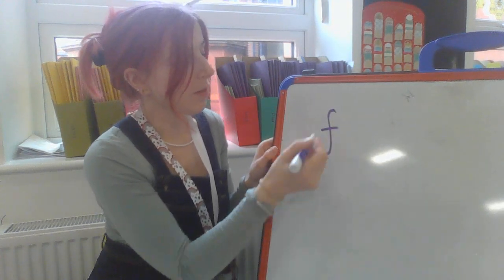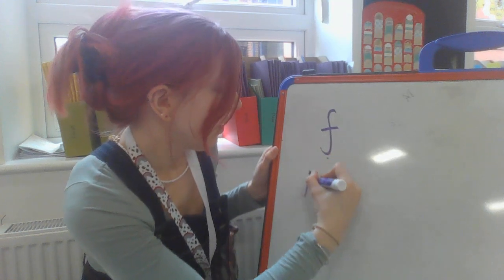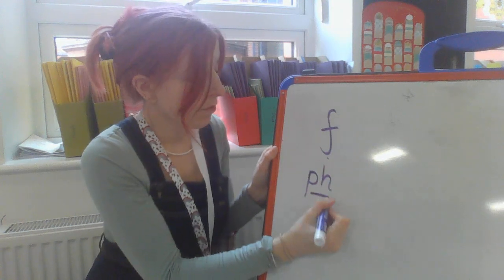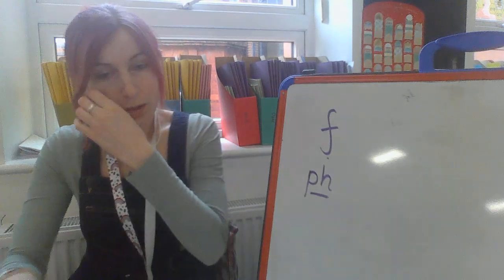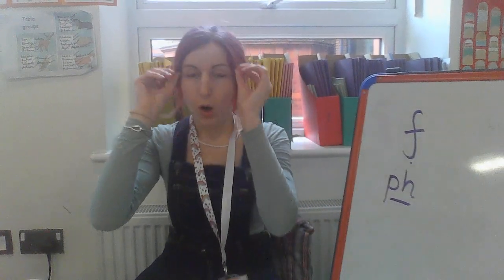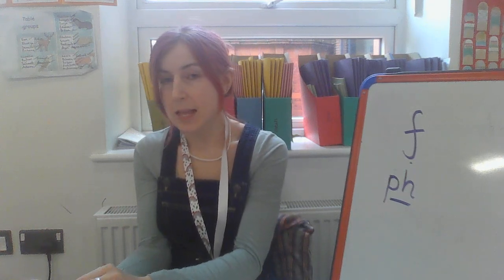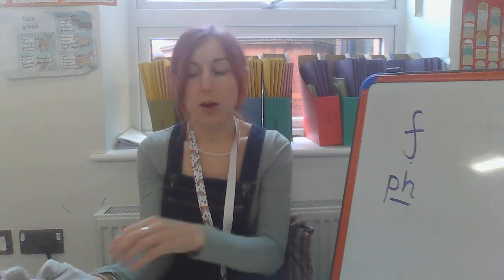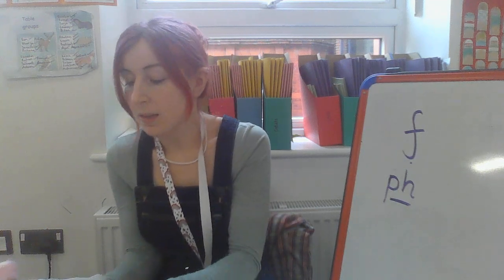Okay, so this phoneme makes the sound f, and it's made of the letter F. This digraph makes the sound f, and it's made of P and H. So what I'm going to do now is hold up some picture clues, and I want you to tell me what word that contains the PH digraph goes with the object, the clue that I'm holding up for you. Okay, so here's the first clue.